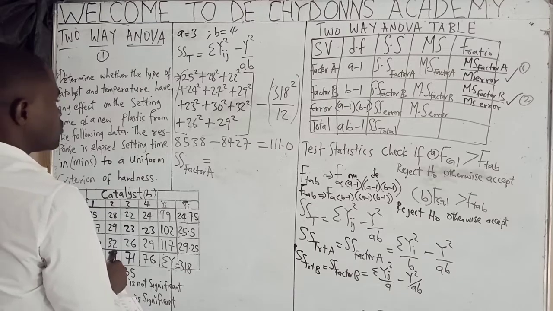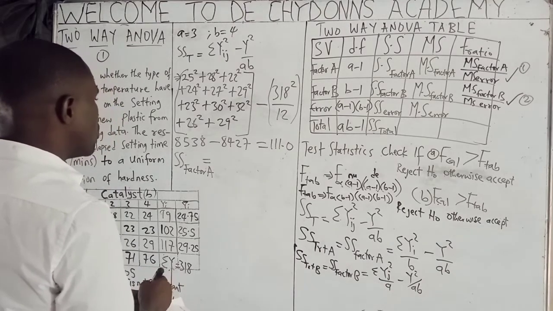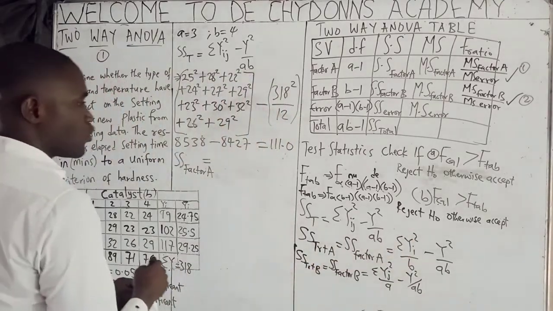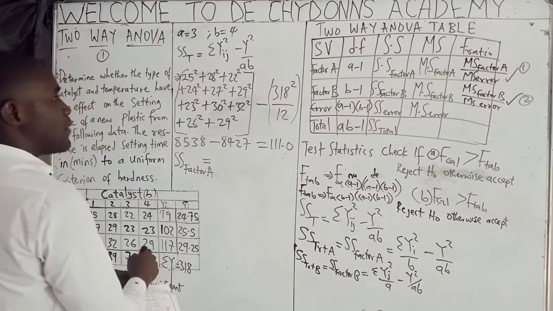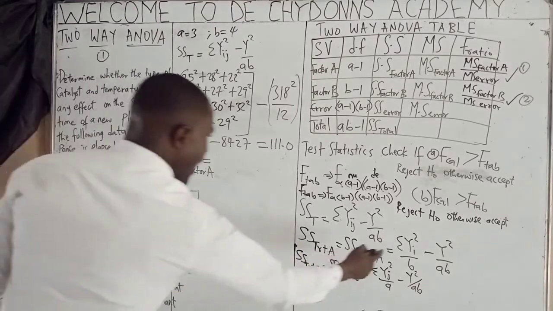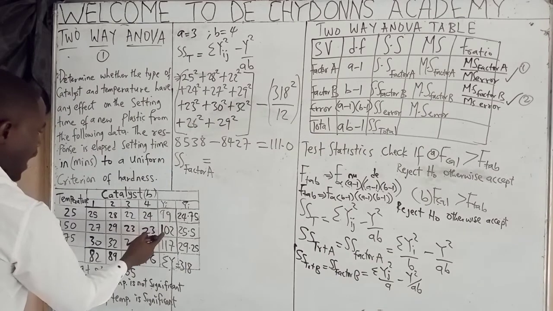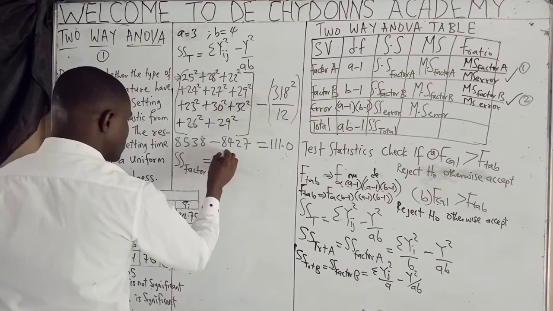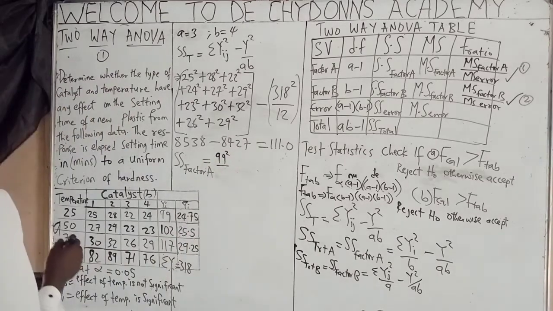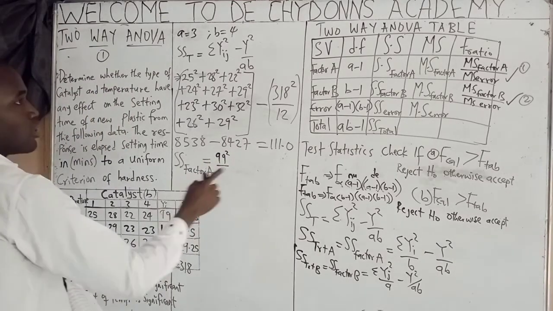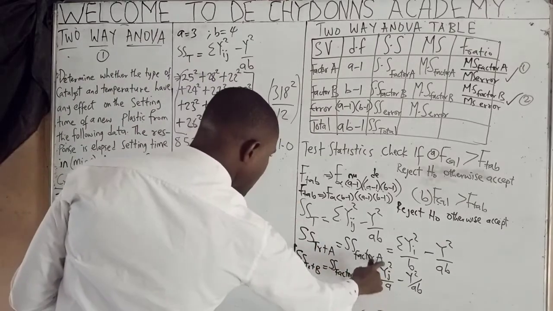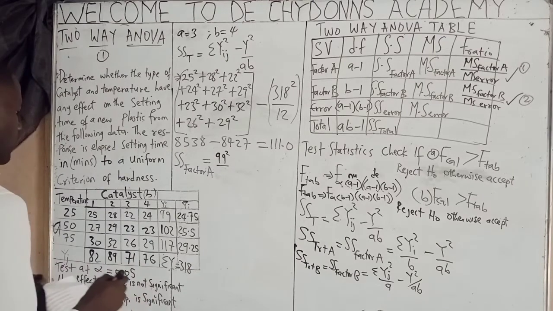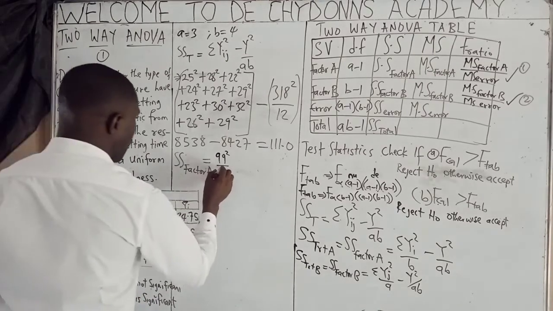Summation of yi squared simply means, what is our I? I means 99, 102, 117. I will say 99 squared all over B. My B is 4.